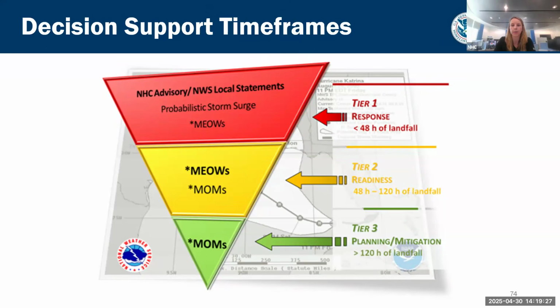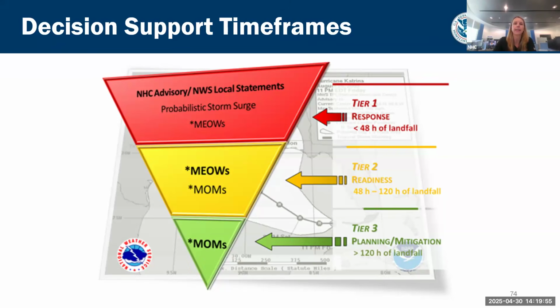Understand your vulnerability. Again, the MOMs are used for evacuation zone planning. Great for just understanding your vulnerability. They're pre-computed and available right now. Once we get within 72 to 48 hours of landfall, you're going to start to see those probabilistic products that we were talking about. The P-Surge model is run about 72 hours prior to the onset of hazardous conditions.